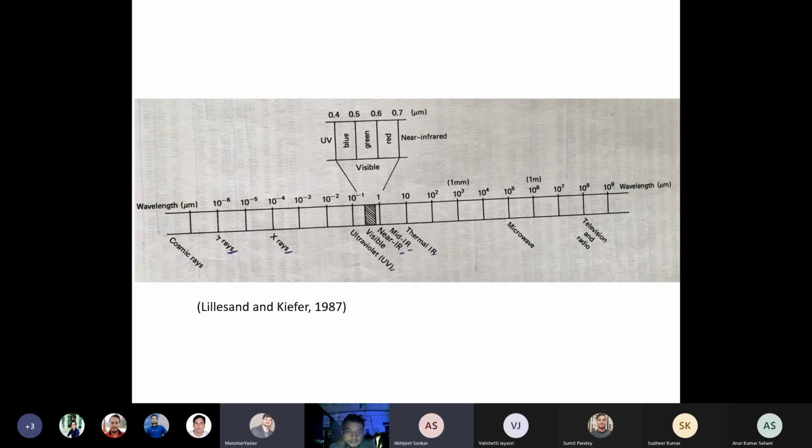So if wavelength is high, then energy will be less in one particular photon for that wavelength. Is it clear? So when we move away from the visible towards the higher wavelength, in one particular photon, energy will decrease.